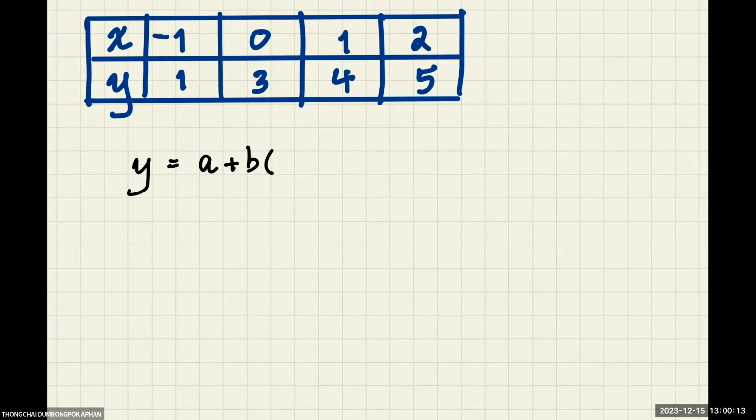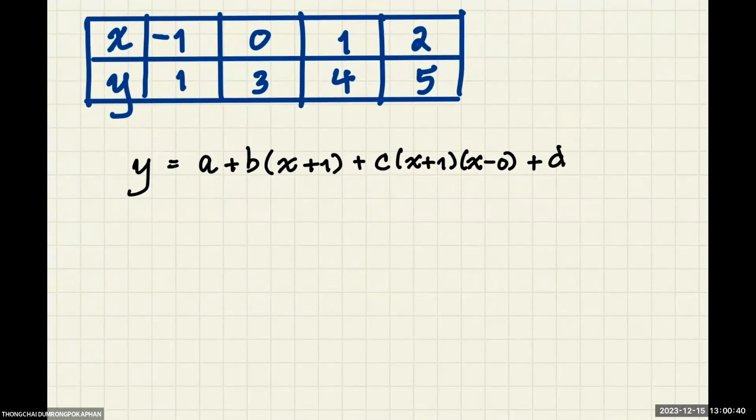So it's a plus b, and I want to take advantage of zeros by using this point, minus 1. So it's going to be (x plus 1) times b, then c times (x plus 1) times (x minus 0), which is a polynomial of degree 2. Now d times (x plus 1)(x minus 0)(x minus 1).